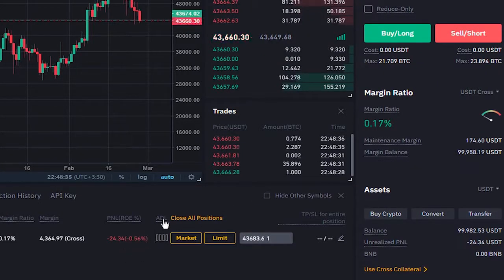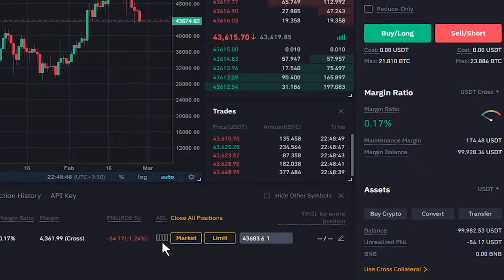Here we have ADL. Let me explain what this is about. When your account size becomes negative and goes below 0, there is a mechanism which is called insurance fund, and it's used to cover the losses. In situations when the market is highly volatile, this insurance fund may fail to cover the loss. In this case, open positions must be reduced.